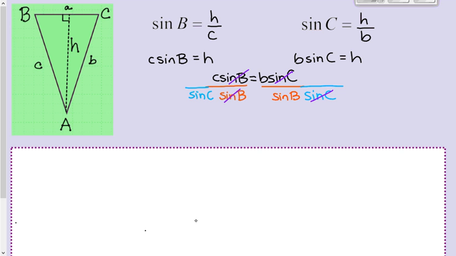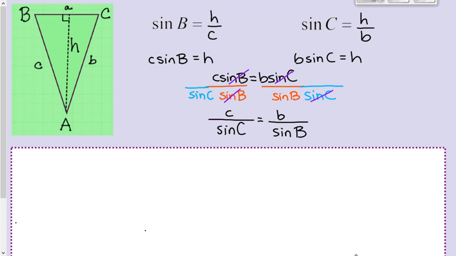So what do we have left? We have c over sine C. So side c over the sine of angle C equals side b over the sine of angle B. And that gives you a relationship between those two parts of your triangle. Two angles and two sides.